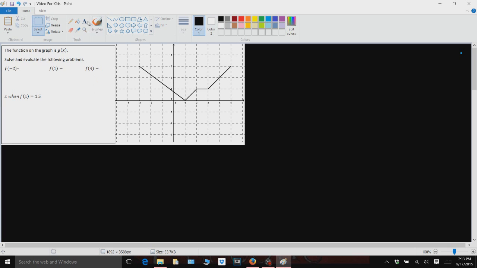Alright, so if you look at this situation right here, f of negative 2, remember that when we talked about function notation, if we have an equation like f of x equals 2x plus 3, let's say that.